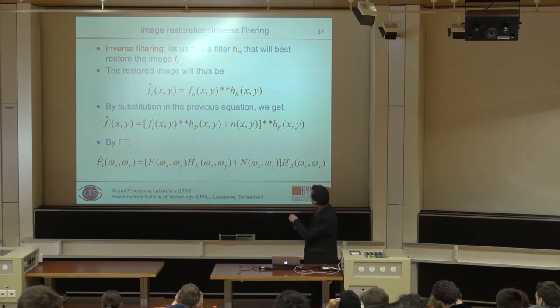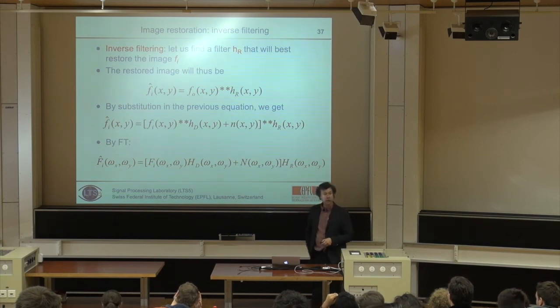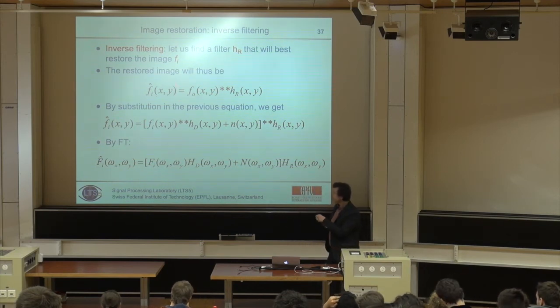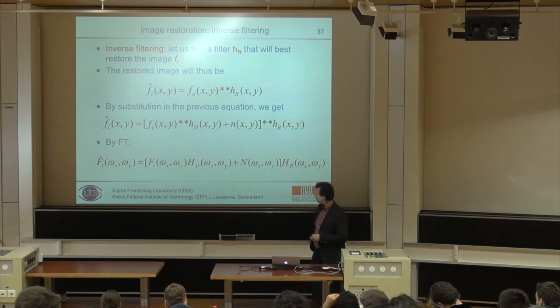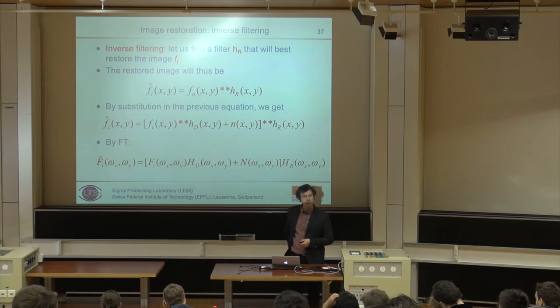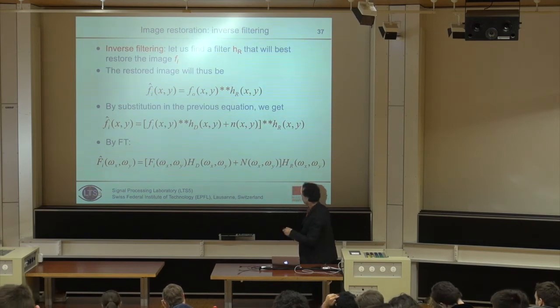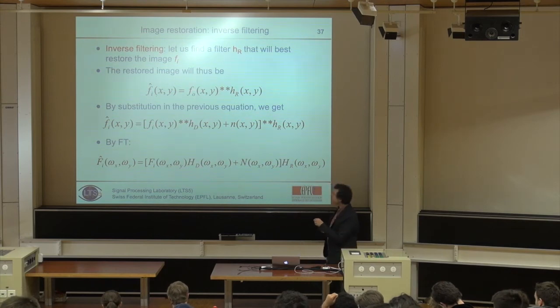So the question is, what is the best filter to apply such that when I convolve it with my observed image, it really undoes, it does the job of removing the convolution. Let's write it down. Remember what is the model of FO? The model of FO is that.